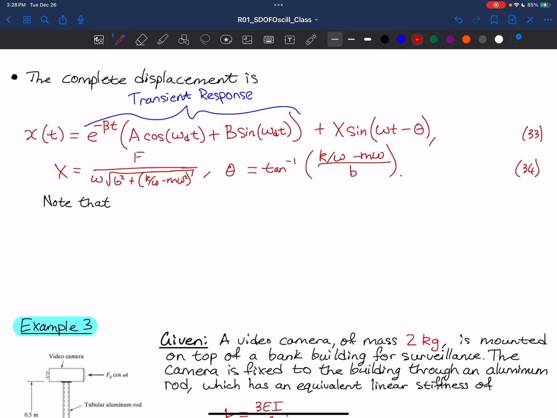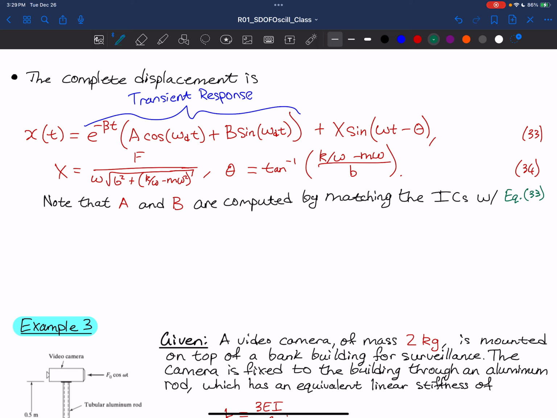So let's note that a and b are computed by matching the initial conditions with equation 33, meaning that if you have an initial displacement, you've got to set the initial displacement equal to equation 33 for t equals 0.